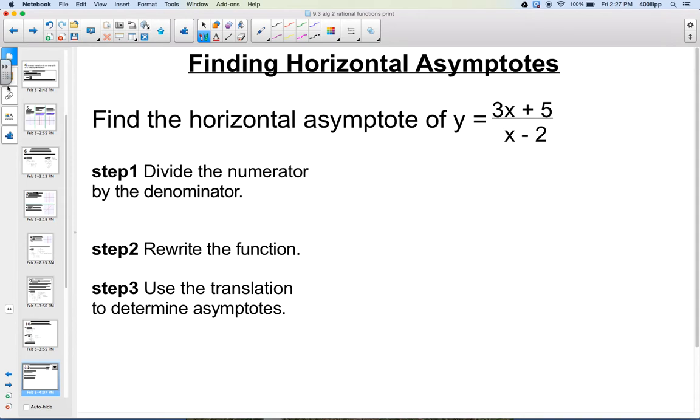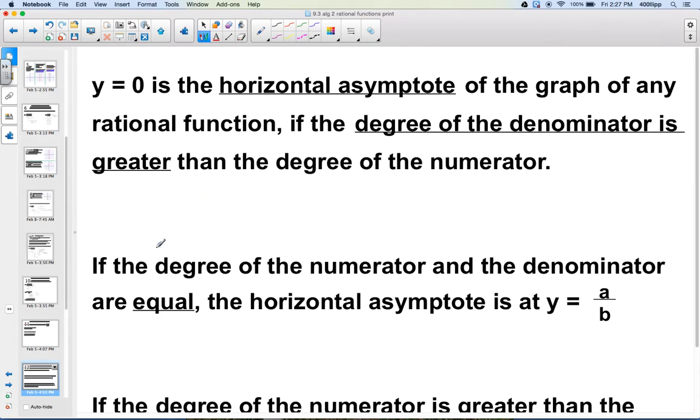Okay, horizontal asymptotes. There are going to be 3 rules for finding horizontal asymptotes. The horizontal asymptote is going to be y equals 0, because when it's y equals a number, it's a horizontal line. That's going to be y equals 0 when the degree of the denominator is greater than the degree of the numerator. For example, we will have y equals 1 over x, which is an inverse variation and a type of rational function.